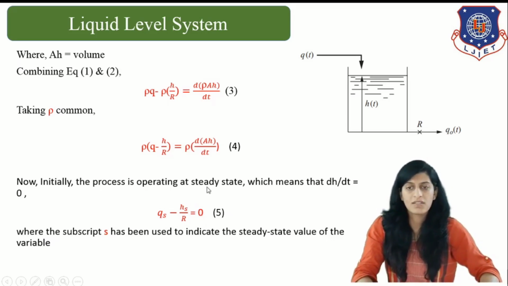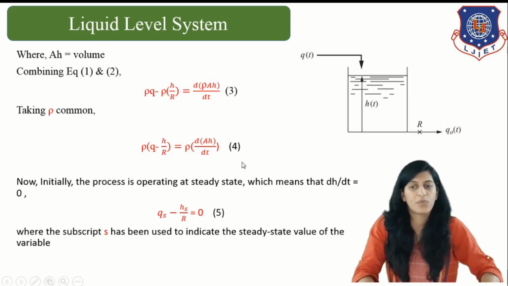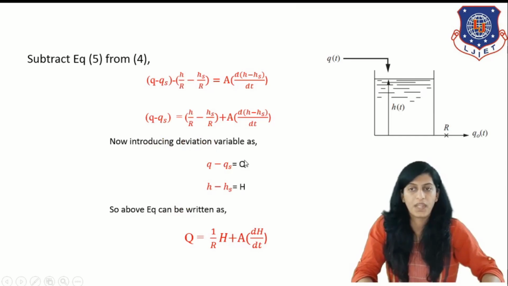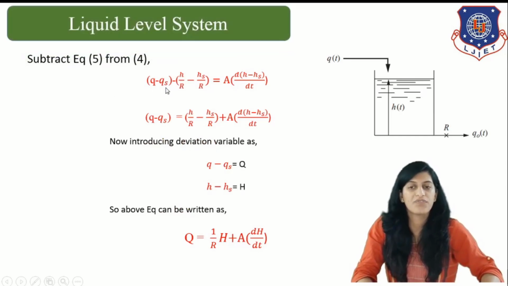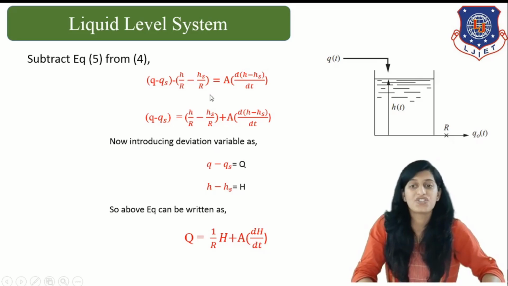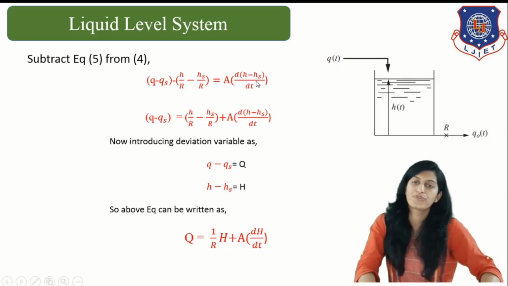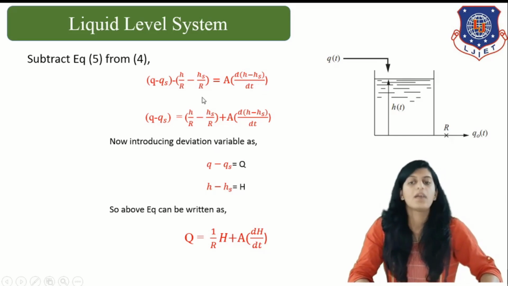Now simply subtract equation number 5 from equation number 4. Subtracting equation 5 from equation 4, we get q minus qs minus (h minus hs) by R equals A d(h minus hs) by dt, because the term dhs by dt is ultimately 0.